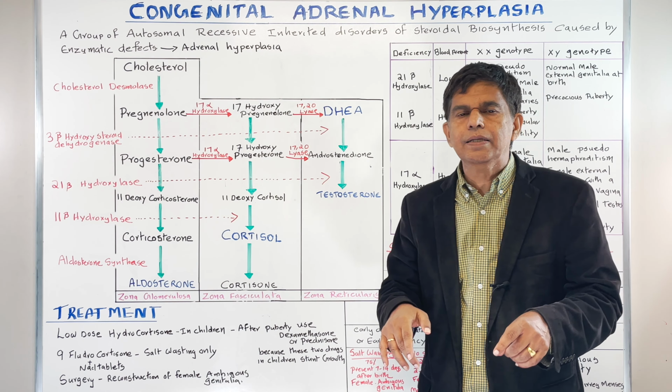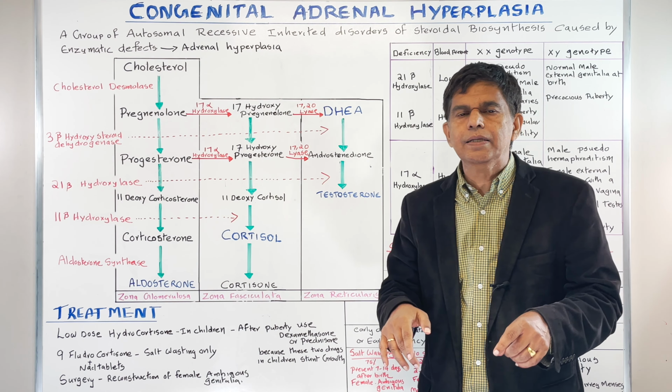Okay, and a very, very important enzyme right here, 21-beta hydroxylase, is involved. And then 11-deoxycorticosterone is converted into corticosterone, and that is by the enzyme 11-beta hydroxylase. And then the final step is the corticosterone is converted into aldosterone by aldosterone synthase. So you produce aldosterone. Okay, everybody got that?